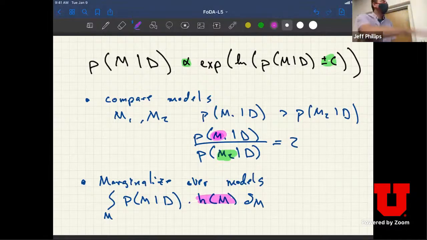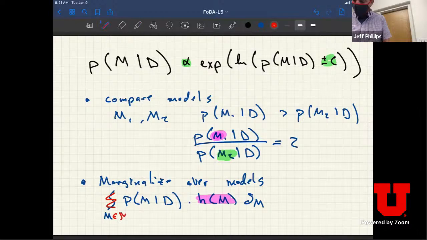This continuous integration, again, is going to be hard, because I don't know the normalizing factor here, but what I can do is a weighted average instead.